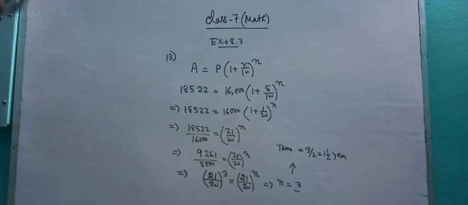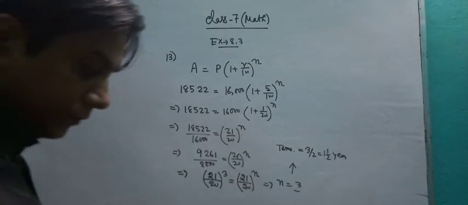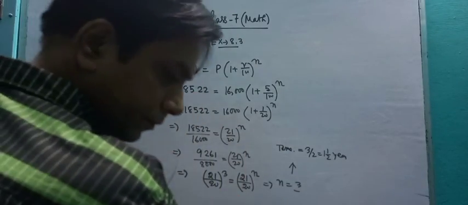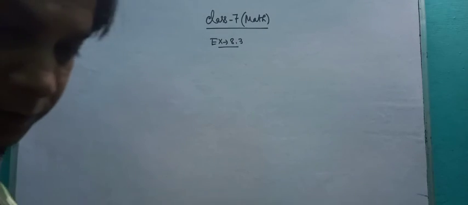Okay, so the last math. Question number 8. What sum of money will amount to rupees 9261 in 3 years at 5% per annum compound interest?